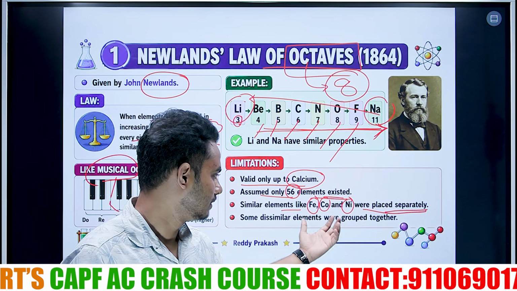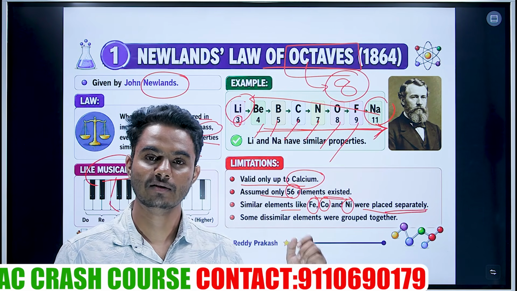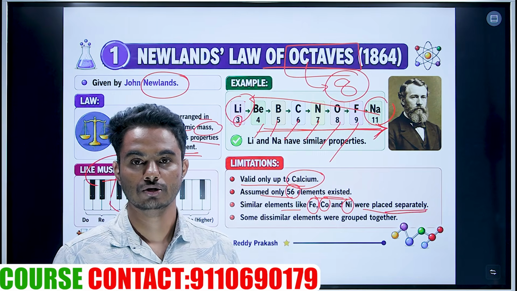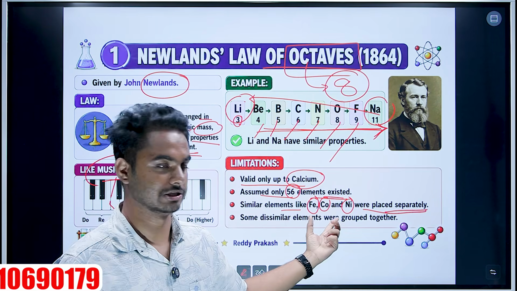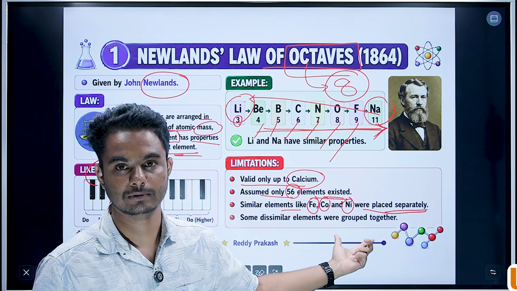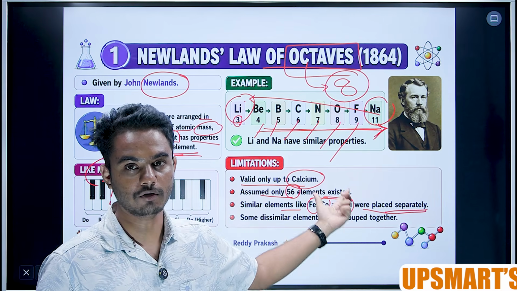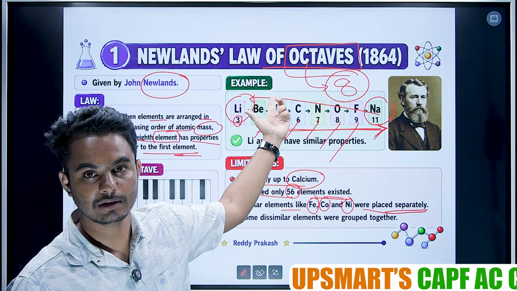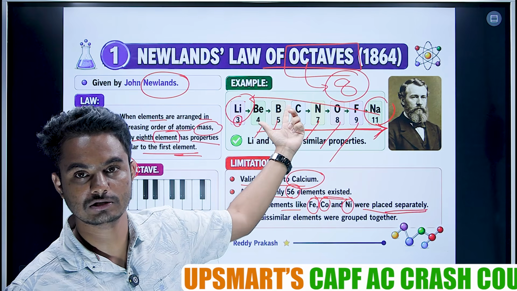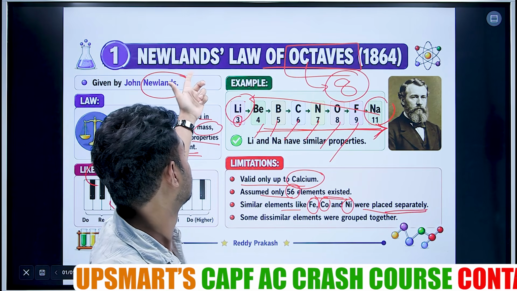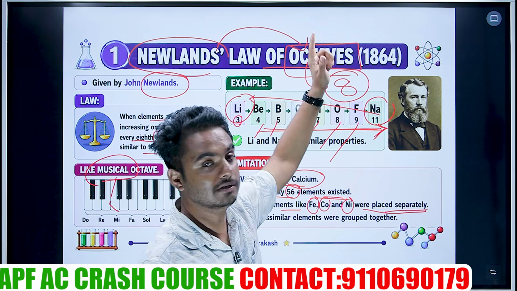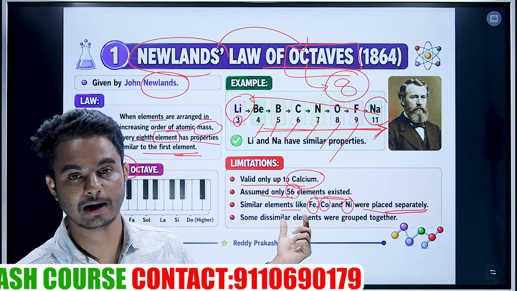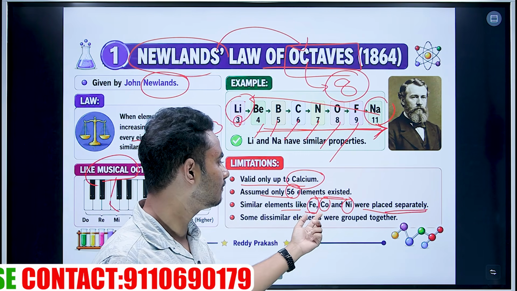So these were separated to make them first and eighth elements. This was a wrong step. This led to backlash towards the one who gave this concept. Who gave octave? Newland. So Newland faced the backlash due to the separation of similar elements.